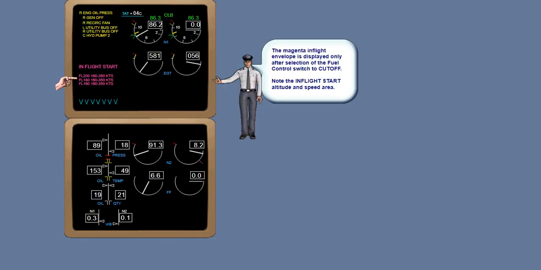The in-flight start envelope indicates the airspeed range necessary to ensure an in-flight start at the current flight level and 2 other lower flight levels in 2,000-foot intervals.